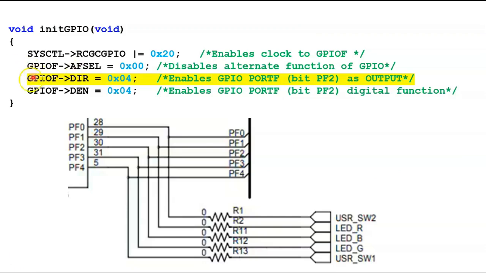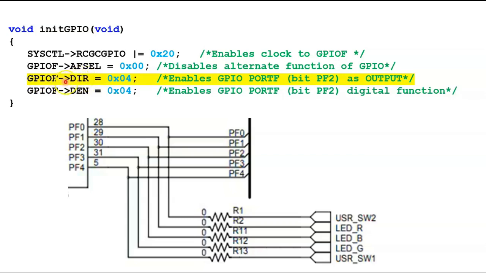Okay, so the next instruction, which is this instruction here, sets the direction of GPIO port F, in particular PF2, as output. Now, GPIO F is a pointer to a structure, and DIR is a member of that structure.